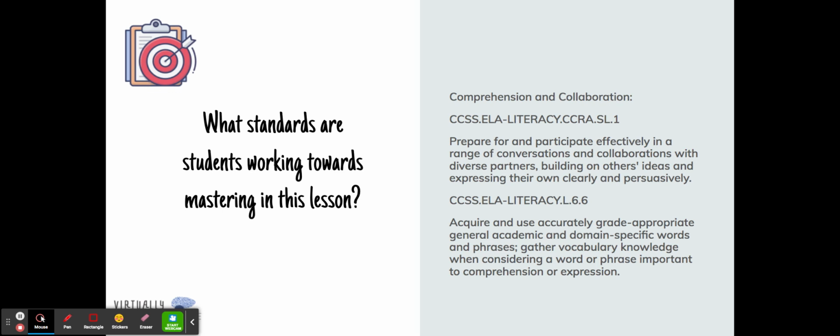So depending on how you set this up and what types of terms you use, what types of paragraphs you have them write, these are the very base standards that they're working on, but they could be working on even more standards than just this, depending on how you structure your tic-tac-tell activity and the writing that comes afterwards.